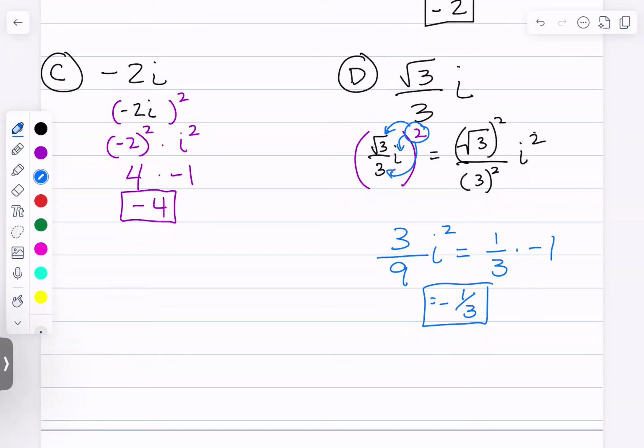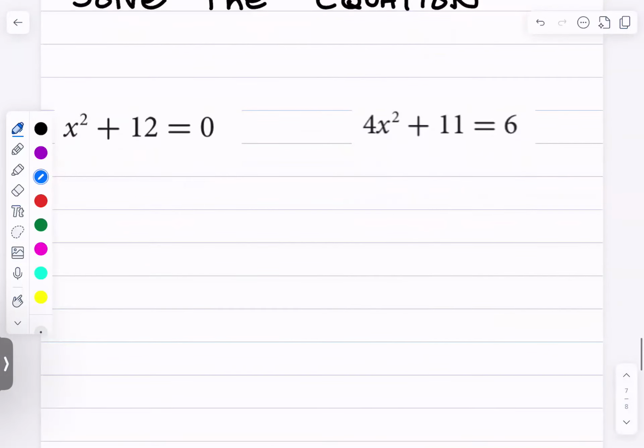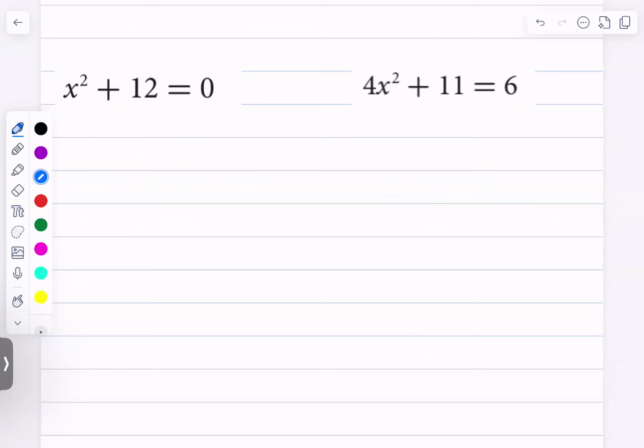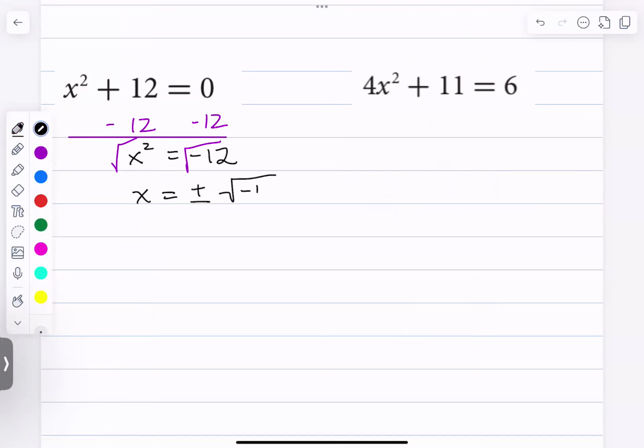Now we're going to go ahead and talk about solving with imaginary numbers. Okay, so we're going to just go ahead and solve them just like how we reviewed it in the beginning, where we subtract 12, and then we have x squared equals negative 12, and then square root. So we have x equals plus or minus square root of negative 12, right?